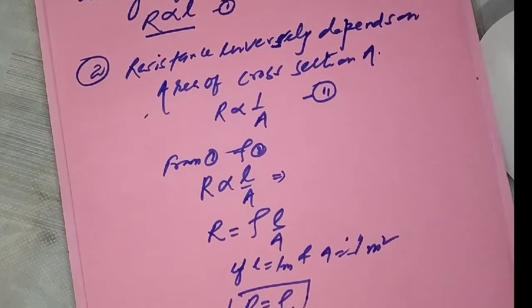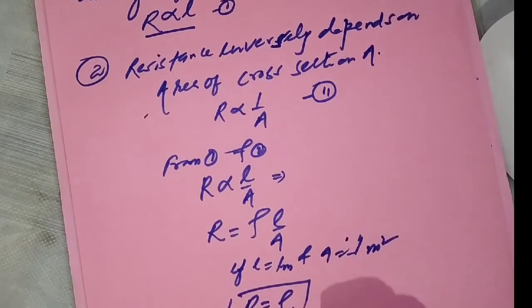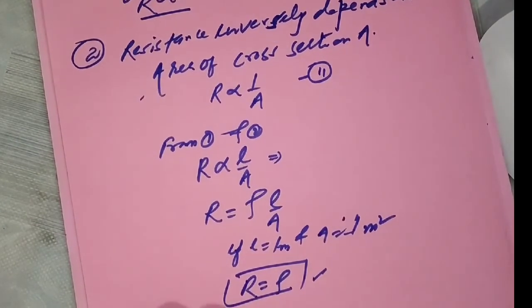So it is the specific resistance of a conductor whose length is 1 meter and area of cross section is 1 meter square.